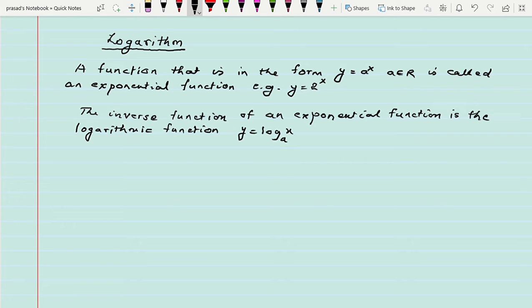Okay, so now let us study about the exponential form and the logarithmic form. So a to power x is equal to b. This is called as the exponential form.